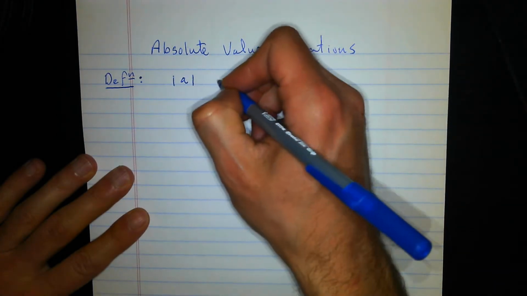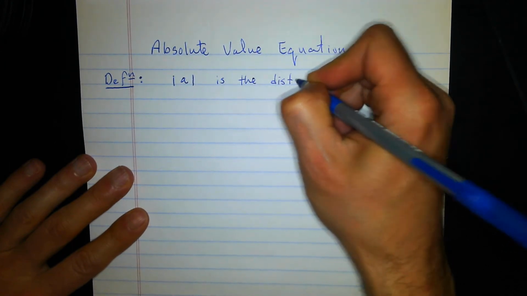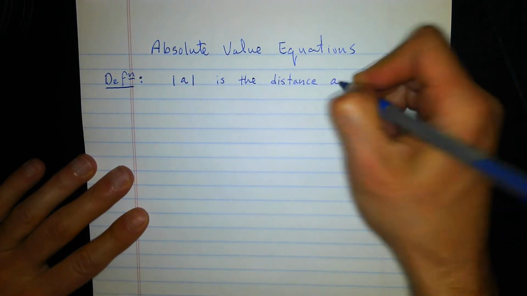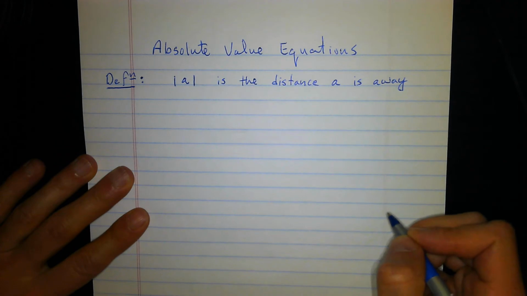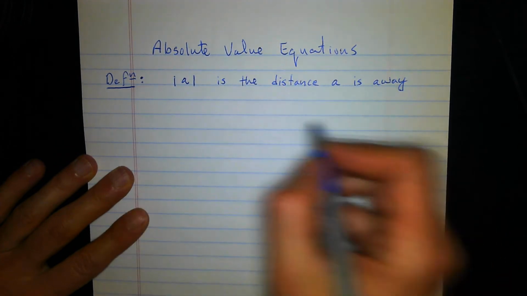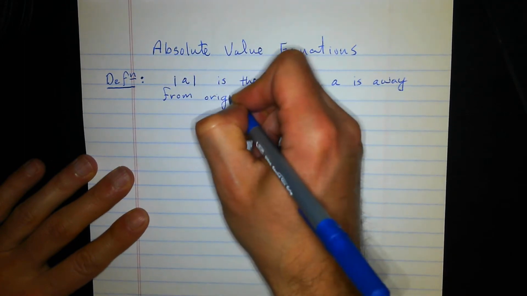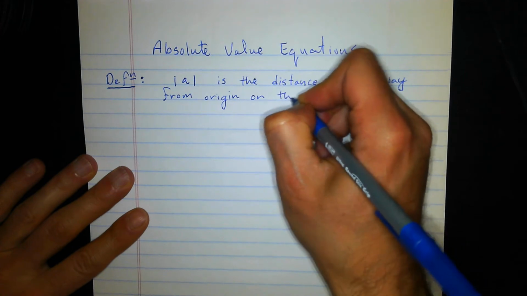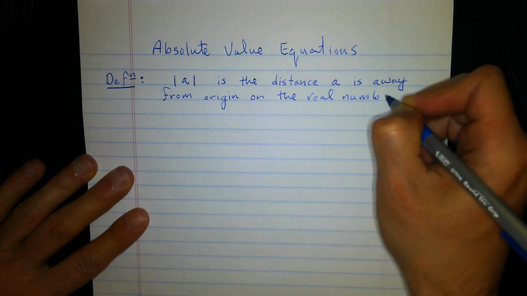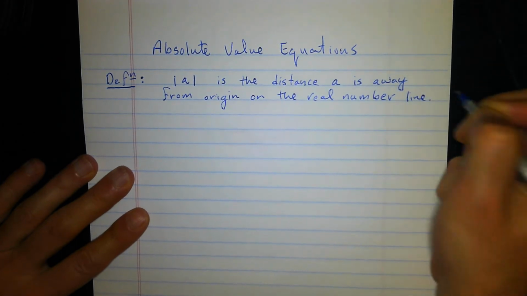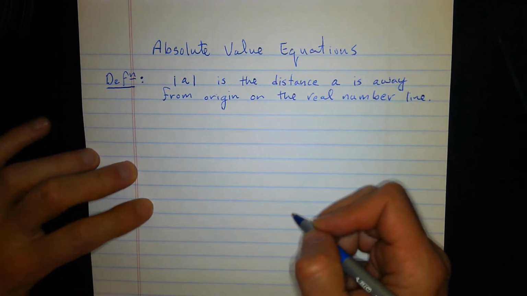The absolute value of A is the distance A is away from the origin, the distance A is away from the origin on the real number line. Or that's to say how far away it is from 0 on the real number line.